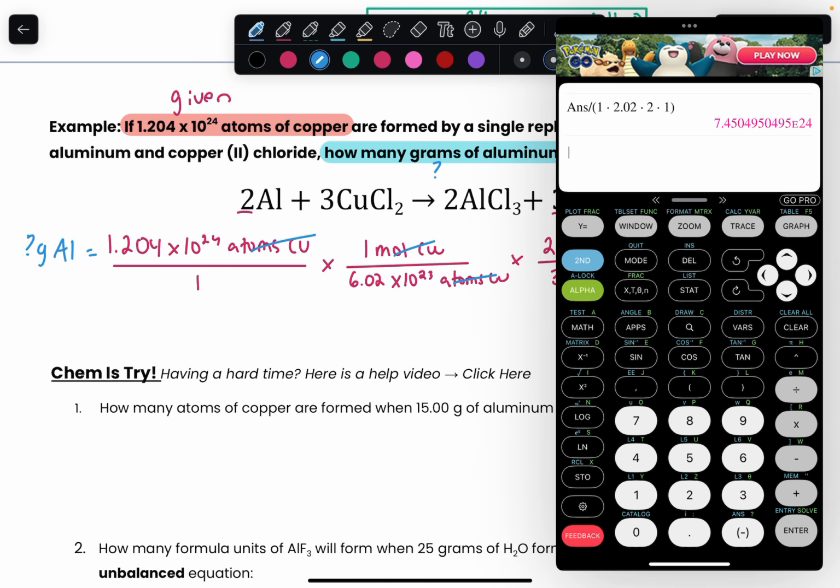Let's do the math. 1.204, second, comma button to get that double E on this calculator, 24 times 1 times, I believe that is a 2, times the molar mass of aluminum, which was 26.98. You have those big numbers there as your answer because we multiplied by a very large quantity as our given.